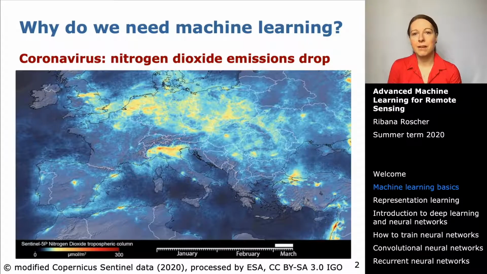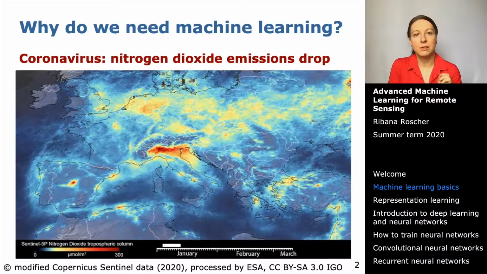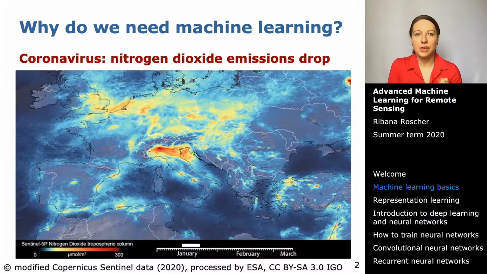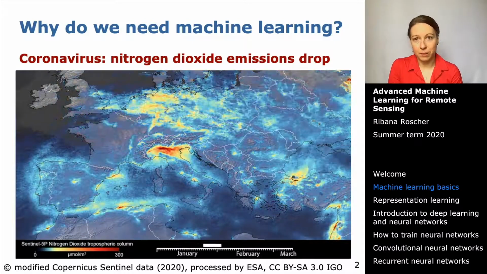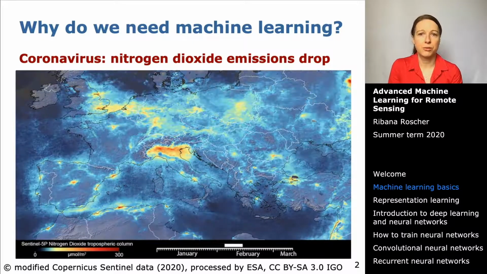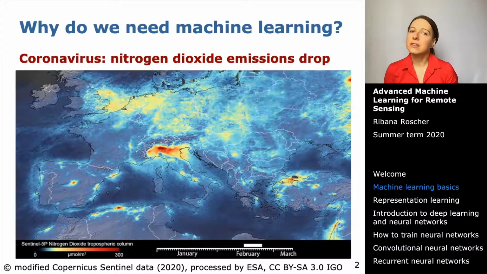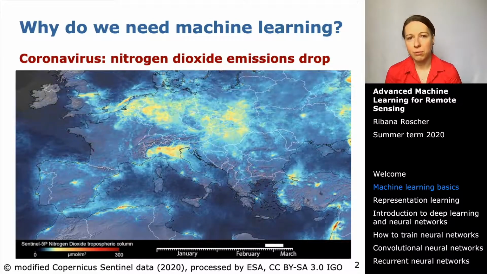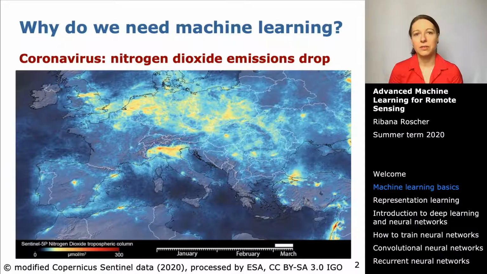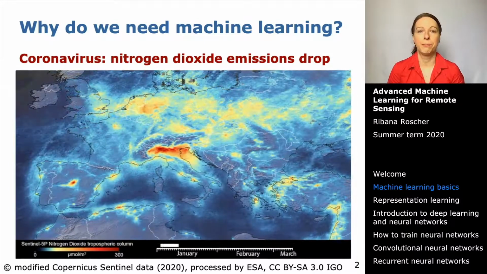You can see here observations from the Copernicus Sentinel-5 satellite that show that especially in Italy and Spain, the emissions drop, and nitrogen dioxide affects the air we breathe and therefore our health and also the climate in general.